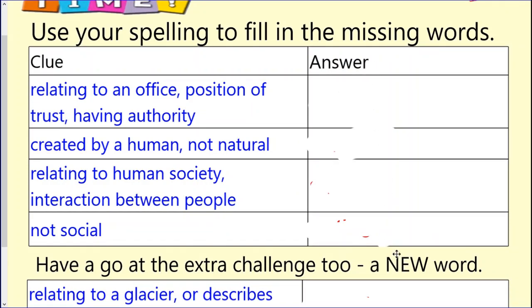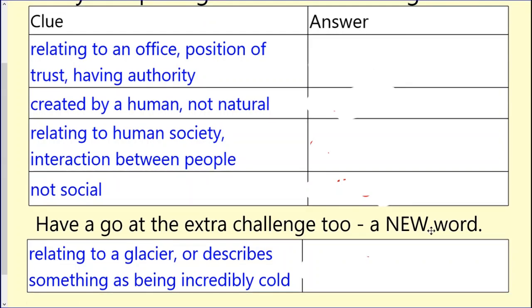And this word describes something that's not social. And before I reveal the answers, have a go at the extra challenge too, a new and exciting word. It relates to a glacier or describes something as being incredibly cold.